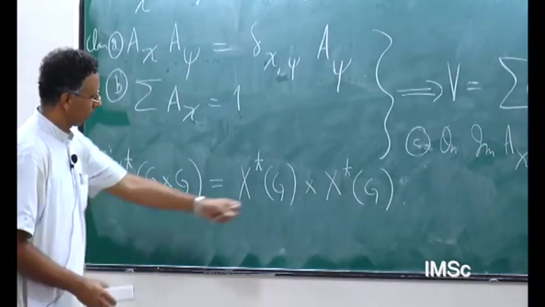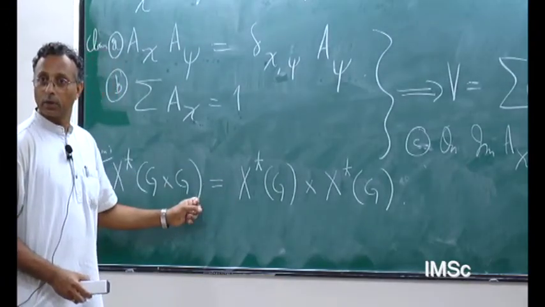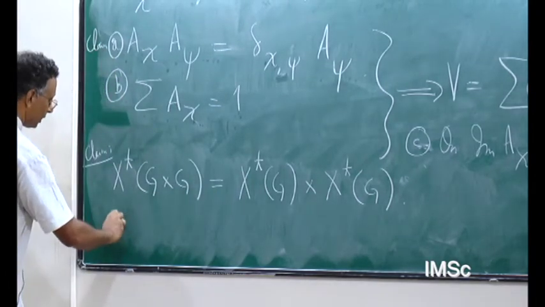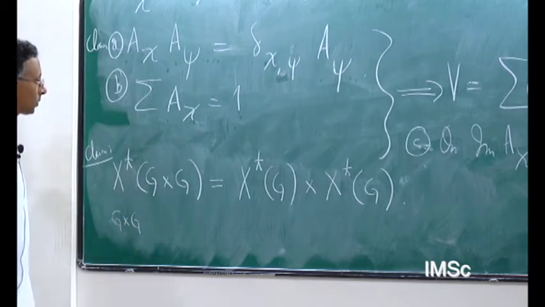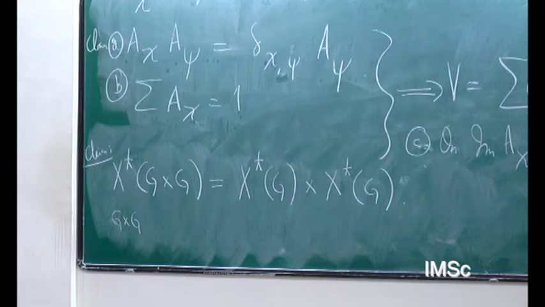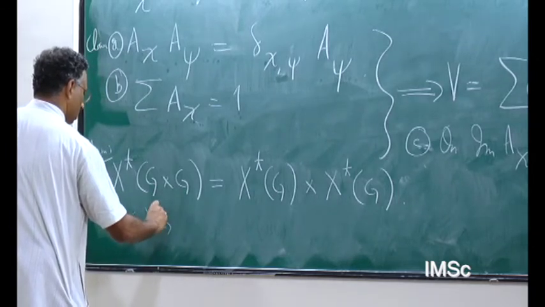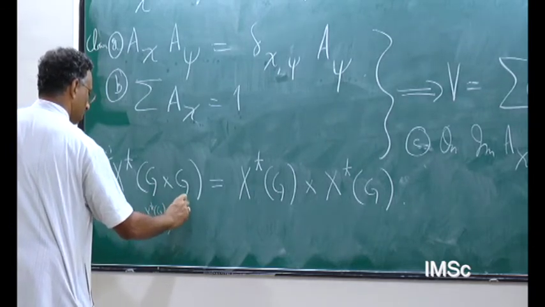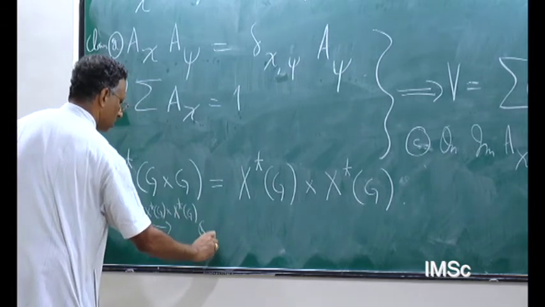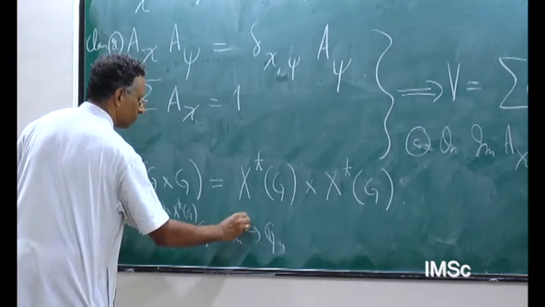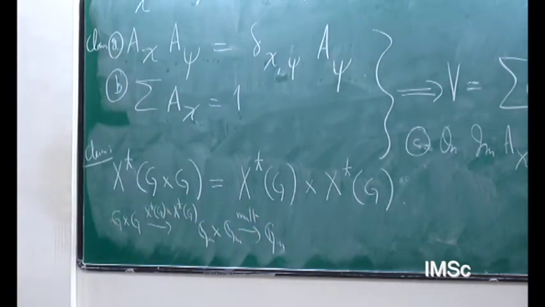Is there a map? Right? Is there a map this way, that way? Yes, indeed, there are maps. So G cross G, so that gives us a map this way, right?